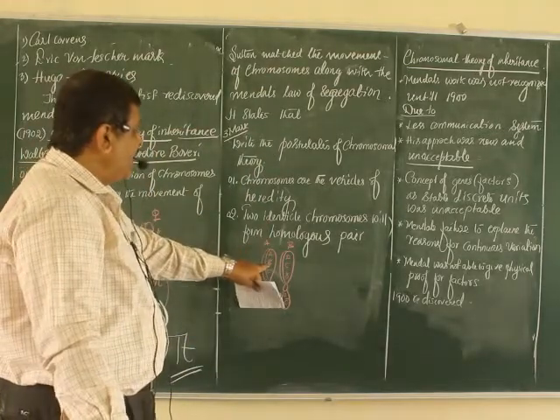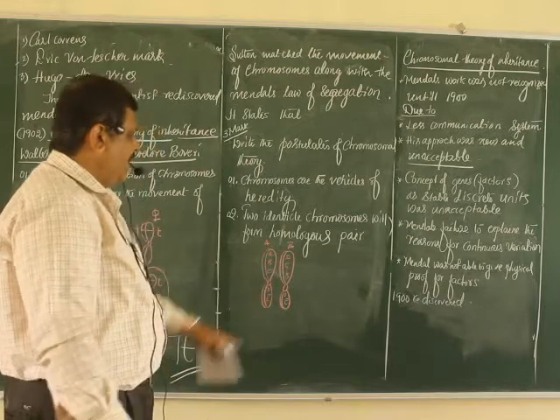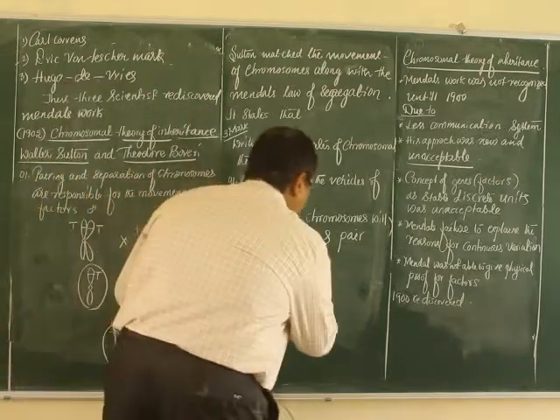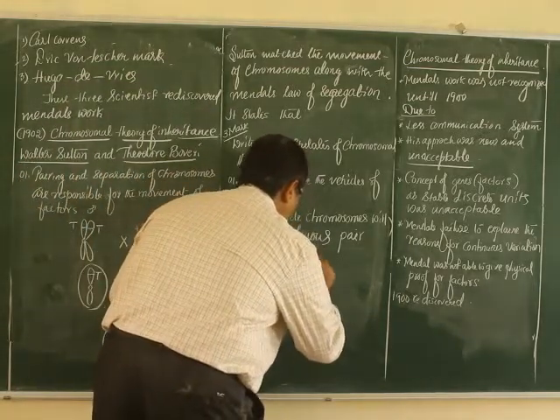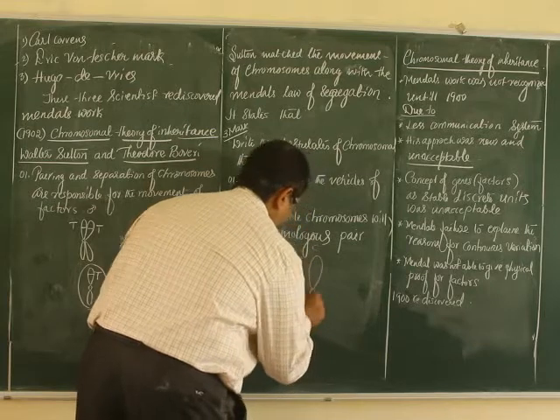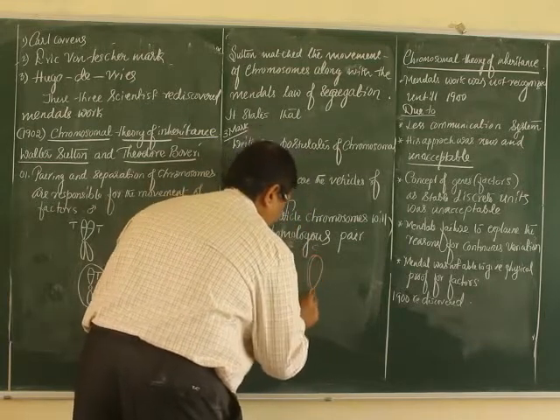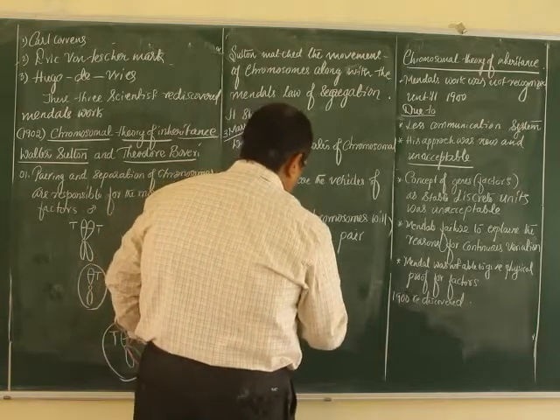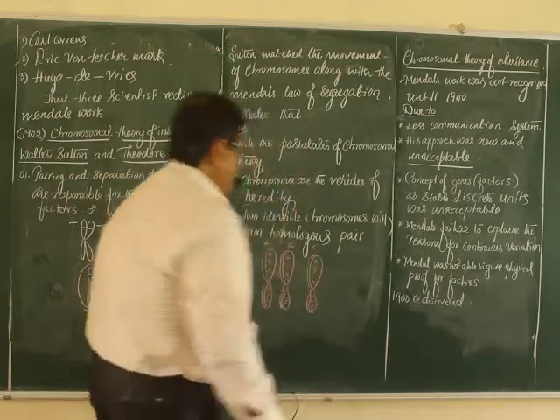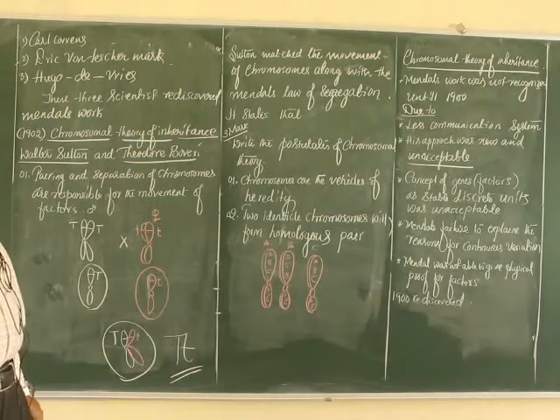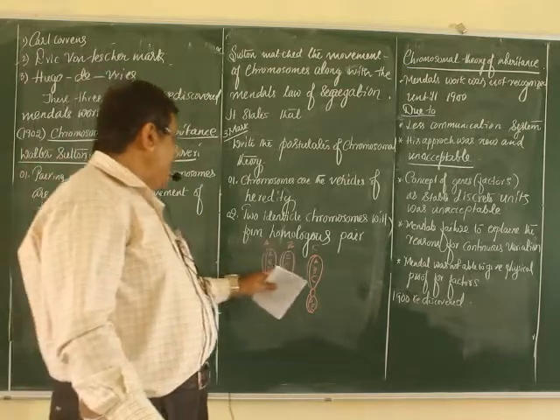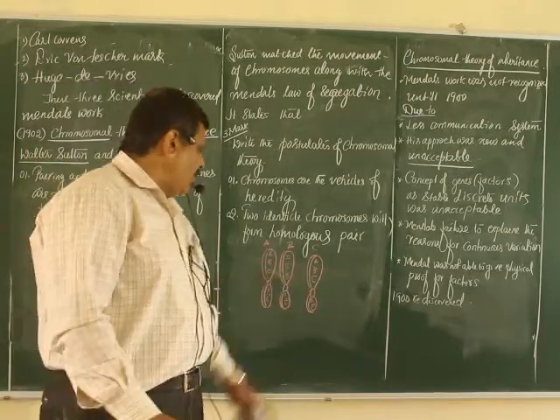Here A, B, C, D, E. Here also A, B, C, D, E. There is another chromosome of the same size, A, B, C, D, E. Now the question arises, whether A and B are homologous, or whether B and C are homologous.